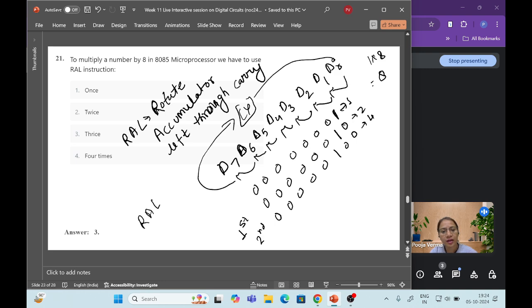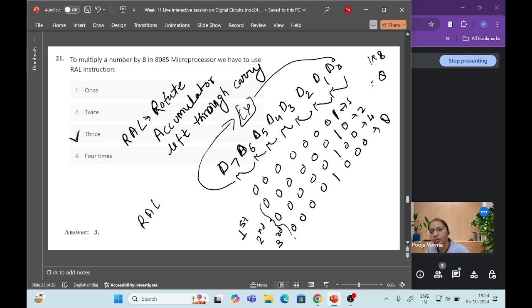Rotating a third time, 0 0 0 0 1 0 0 0, so the value in the accumulator is 8. So we need to rotate 3 times. That means to multiply a number by 8, we have to rotate thrice.